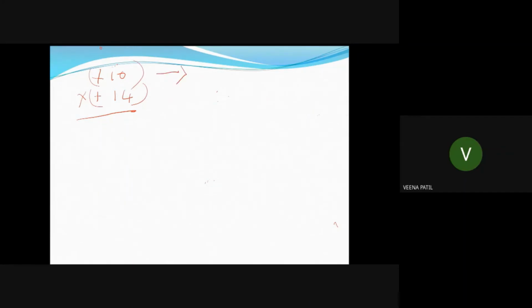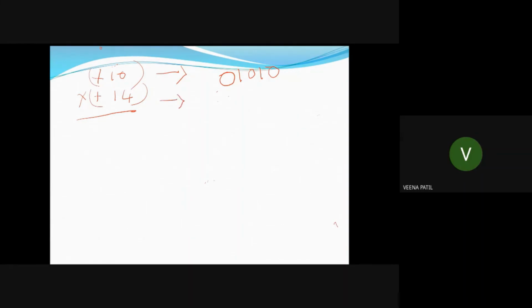So how do you represent plus 10? I can represent 10 as 1010, but minus 10 I cannot represent using 4 bits. So I am going to take 5 bits. 01010 represents my plus 10.